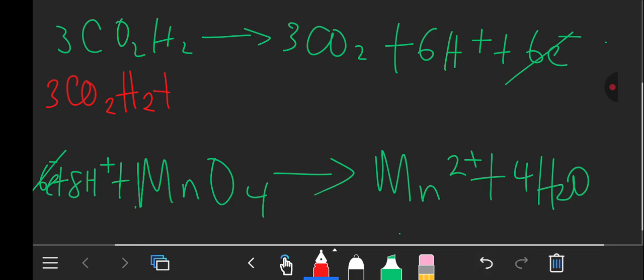okay, so plus, here we have 8 hydrogen ions, there we have 6 hydrogen ions, and they are on opposite sides, so we can simply cancel out those 6 hydrogen ions, and we remain with 2 hydrogen ions, because 8 hydrogen ions minus 6 hydrogen ions gives you 2 hydrogen ions.